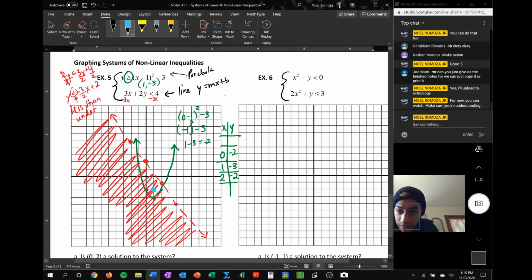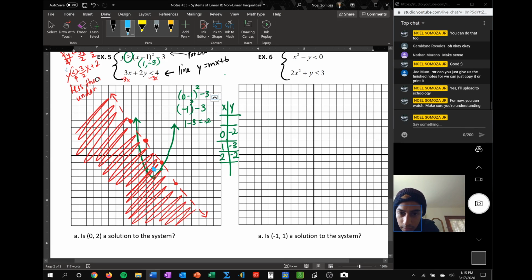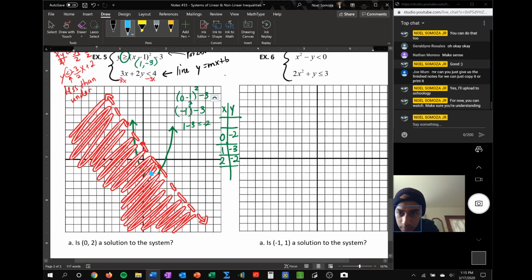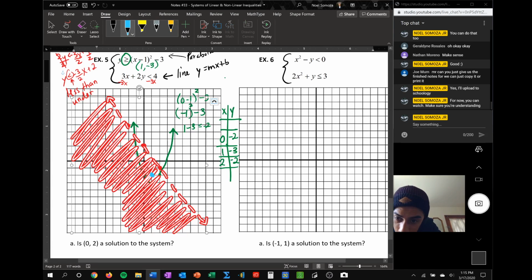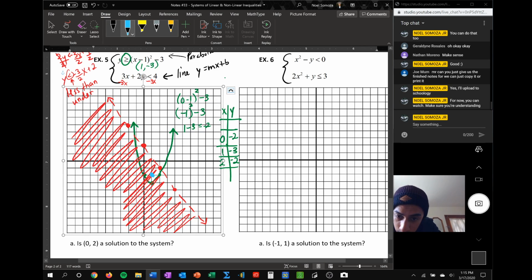Okay, so when we test, let me zoom in here. This test point is 1, negative 2. Let's plug in.